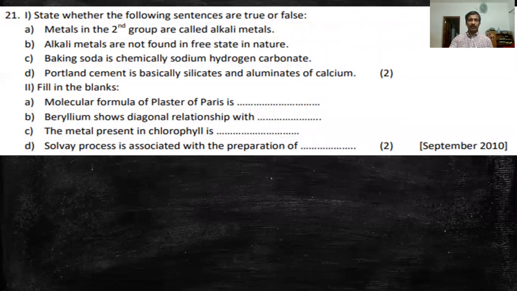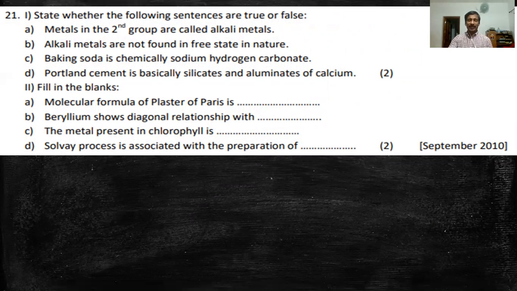State whether the following sentences are true or false. Metals in the second group are called alkali metals. No, it is false. They are alkaline earth metals. Alkali metals are not found in free state in nature. Absolutely correct, because they are highly reactive.